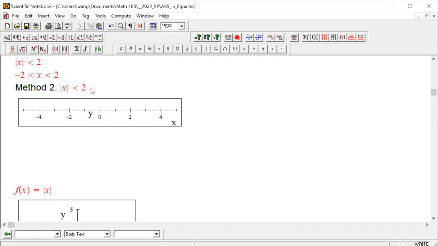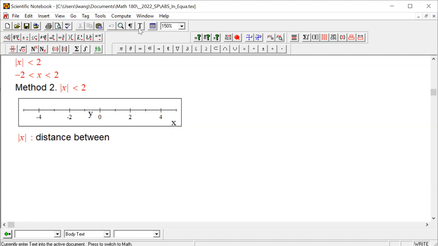So if the absolute value of x is less than 2, what is the meaning of absolute value? The meaning of absolute value of x is the distance between an unknown number x and origin 0.